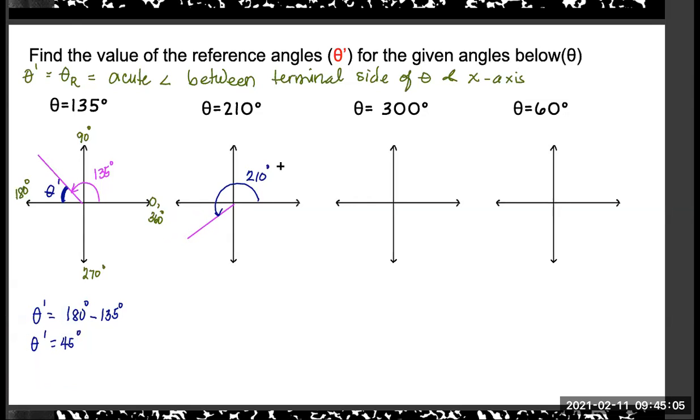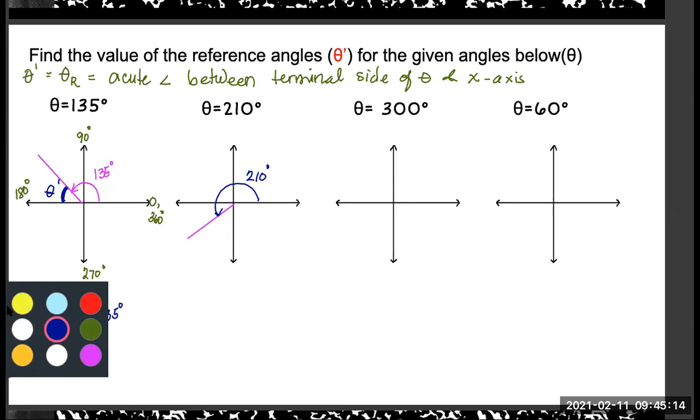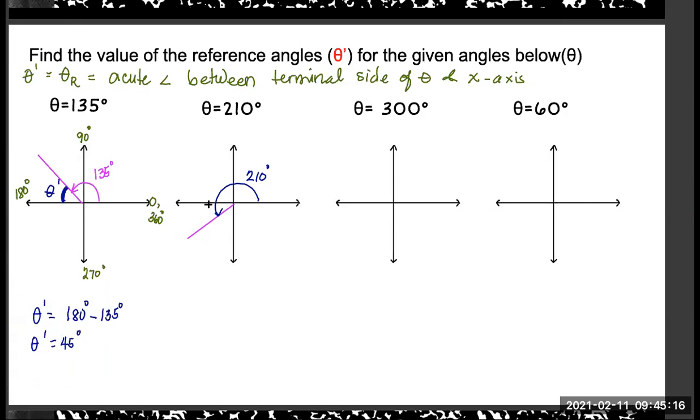Your reference angle, going back to the definition, is the angle between this terminal side and the x-axis, which means that this is your reference angle. It's always the angle between the terminal side and the x-axis. So this is our theta prime.